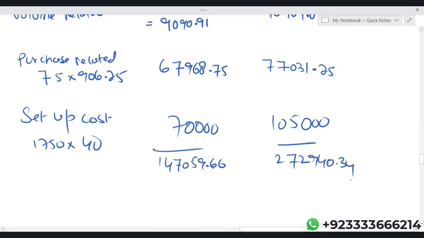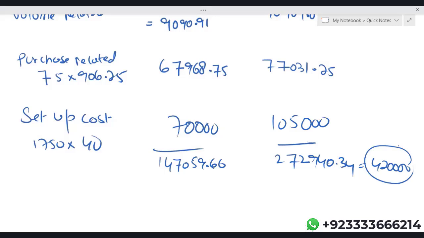If you add 2,72,940.34 plus 147,059.66, definitely we are getting 4,20,000. And I've already discussed total overheads will not change. Either we are following absorption costing or marginal, but definitely per unit overhead will change.